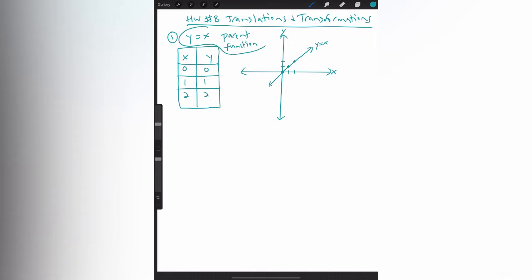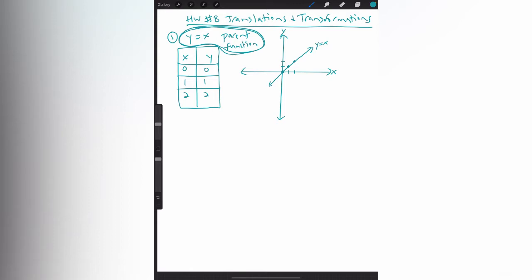That's important. Some of you skip through the video and don't actually listen to what I'm saying and just look for the answers. You have to pay attention to the lesson part because this is where things are going to start getting more difficult. Y equals x is my parent function in this case. Sometimes the parent function might be different, but for this problem, it says y equals x is our parent function.